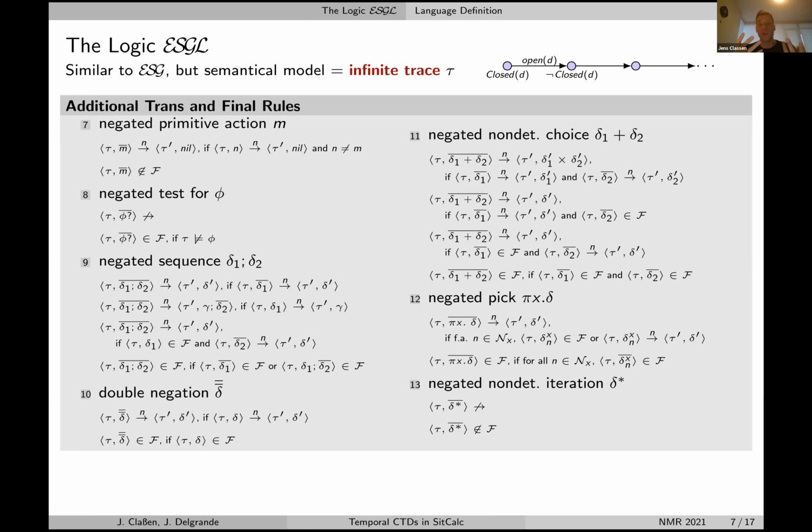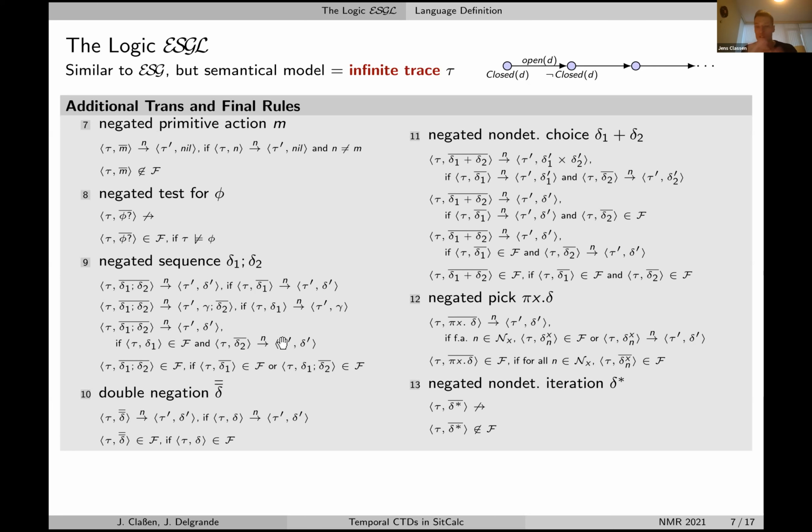And in addition, we now define negation by having specific rules for the negation of all the different constructs in our action algebra. So the negation of a primitive action is precisely any action n that is distinct from that particular action m that we are negating, and so on and so forth.